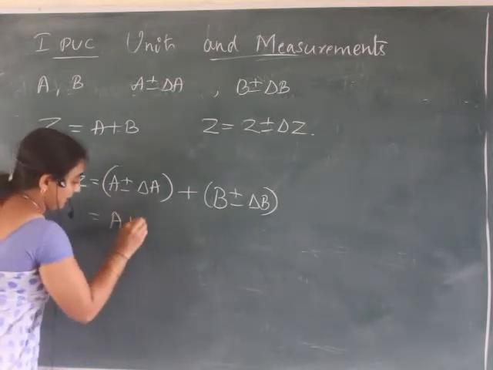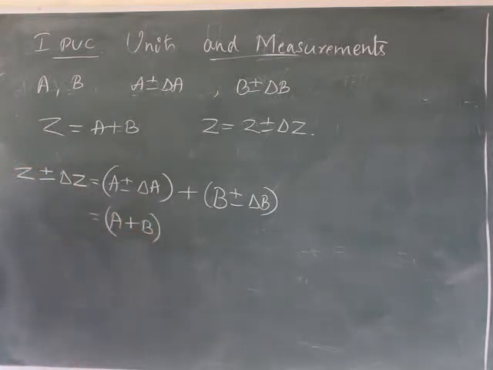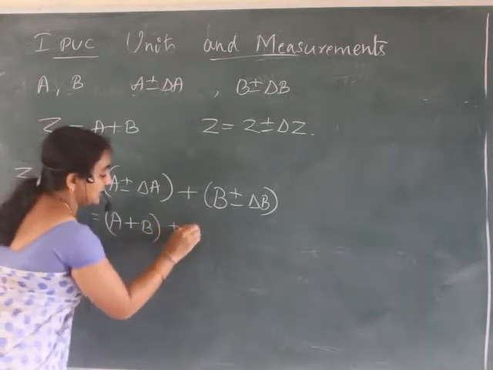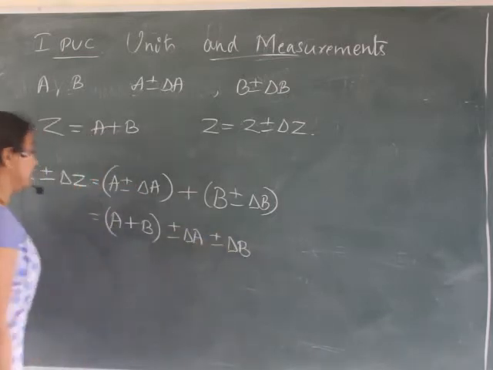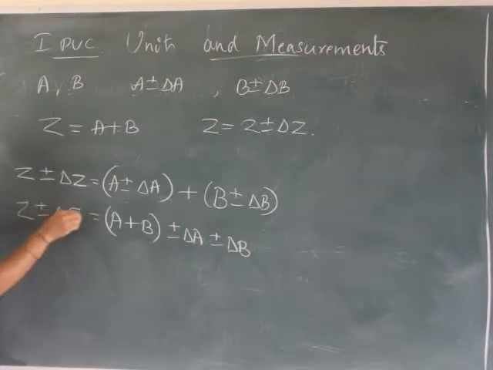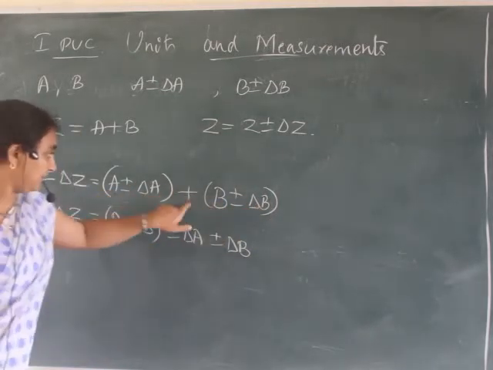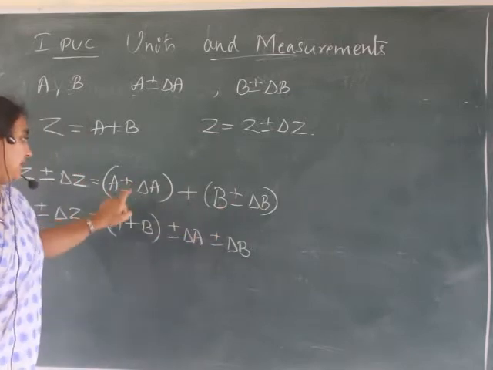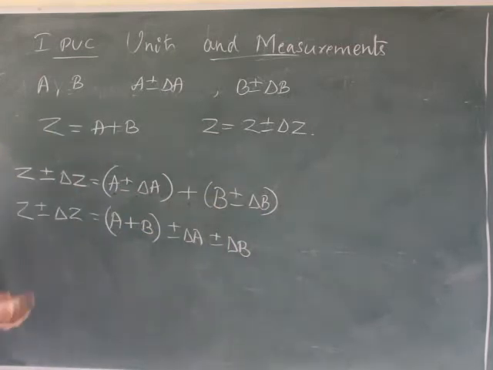A plus B plus or minus delta A plus or minus delta B is equal to Z plus or minus delta Z. Just writing in the rearranged form. Correct? Am I right?